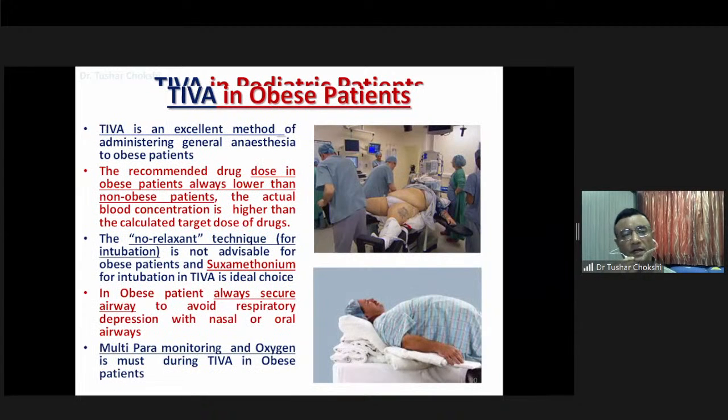TIVA in obese patients. TIVA is an excellent method for administering general anesthesia to obese patients also. Here I am always using scoline when I am intubating for this obese TIVA. No relaxant technique is not advisable. So succinylcholine for intubation is the ideal choice in TIVA. Here also multi-para monitoring and oxygen is a must.